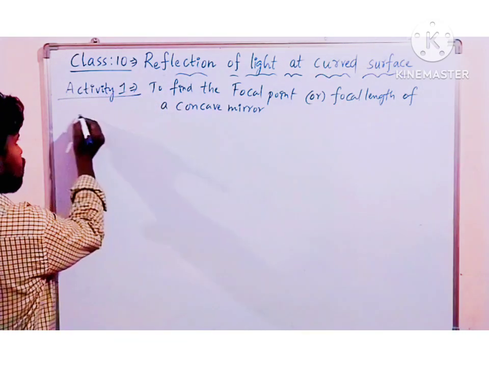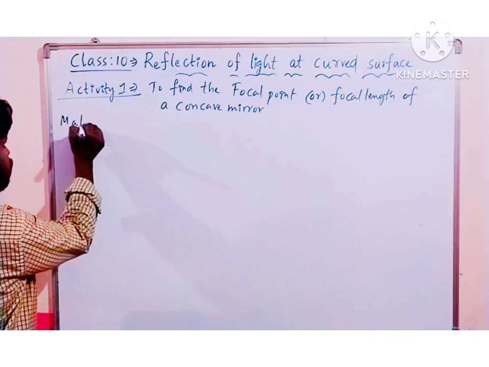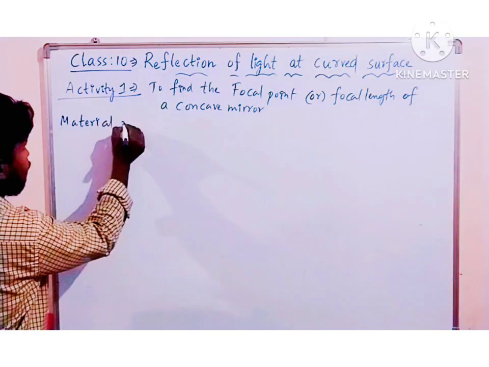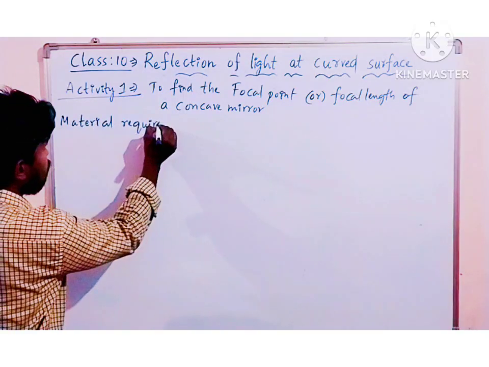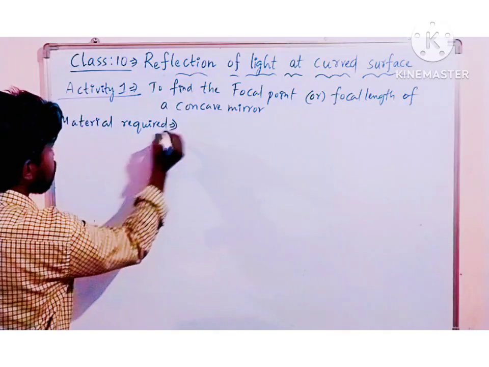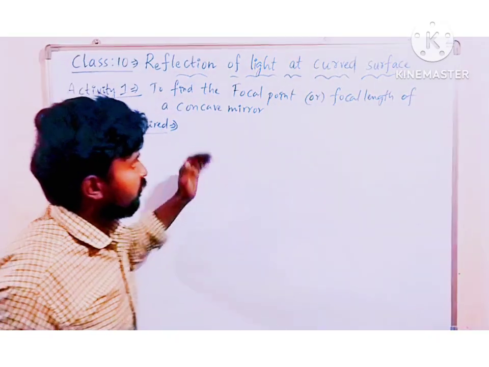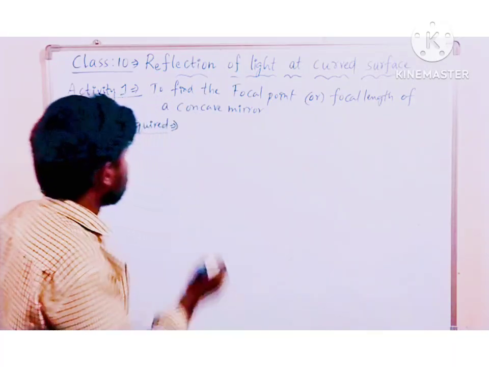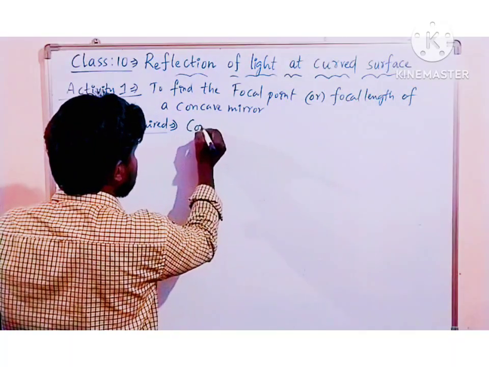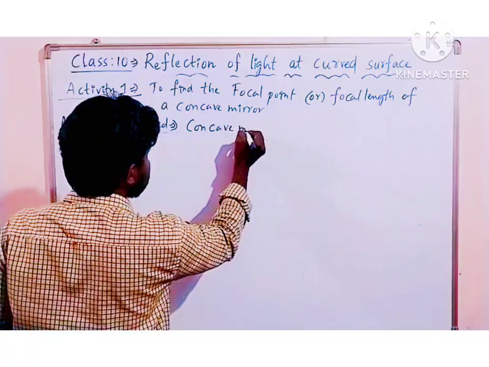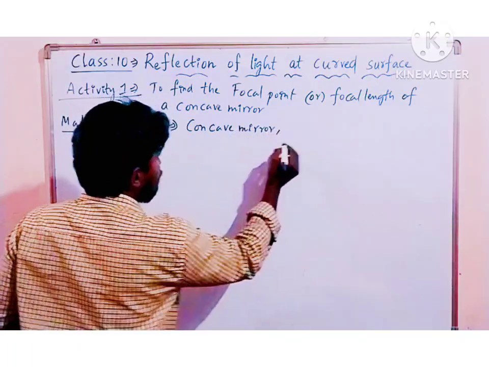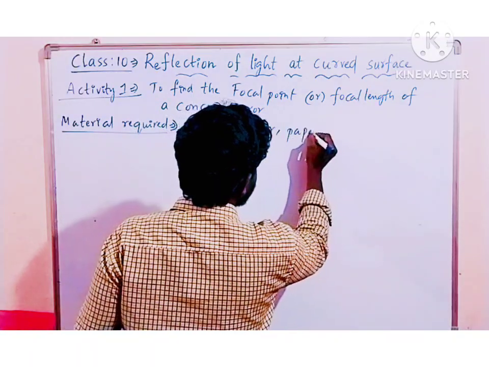In the 2 marks section they will ask what are the materials required to conduct an experiment to find the focal length of a concave mirror. First thing, the material required is a concave mirror. Next thing is a paper.